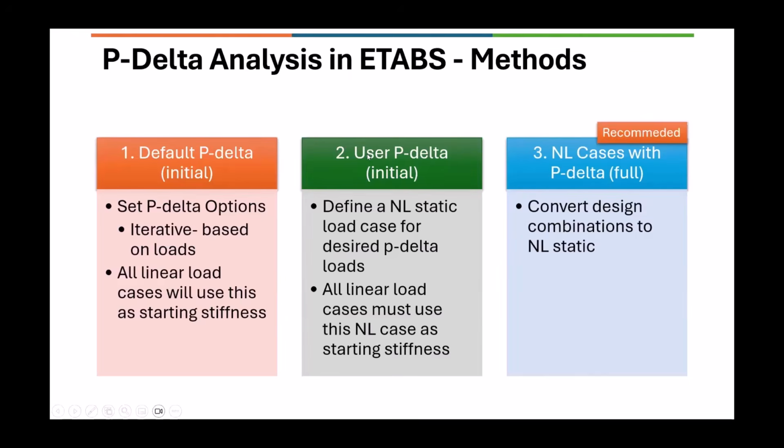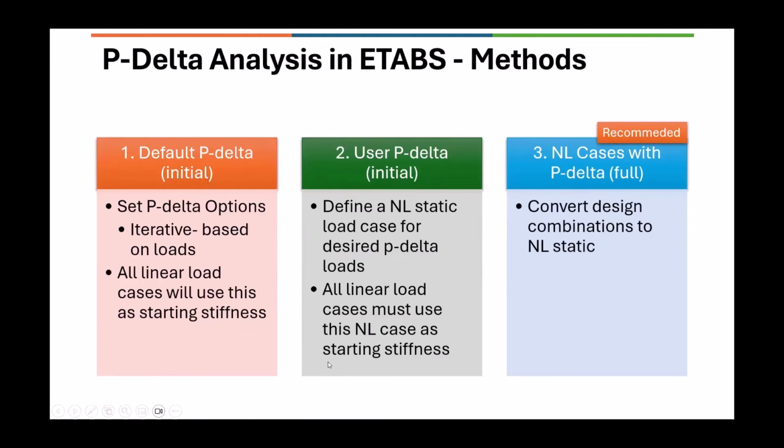And then there is a second option that instead of the default P delta, you define a P delta case and then use it as a starting stiffness for any other load case. So this one would be completely under manual control.